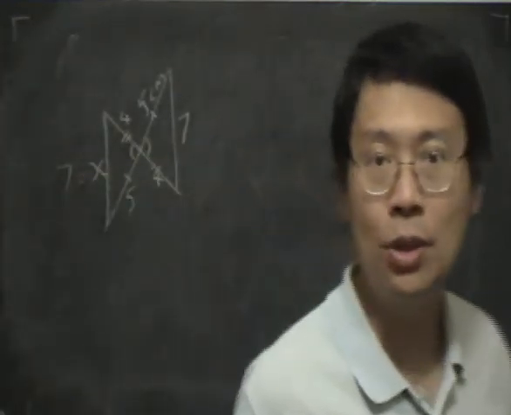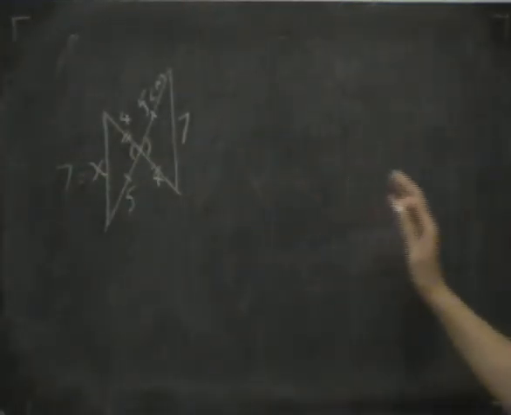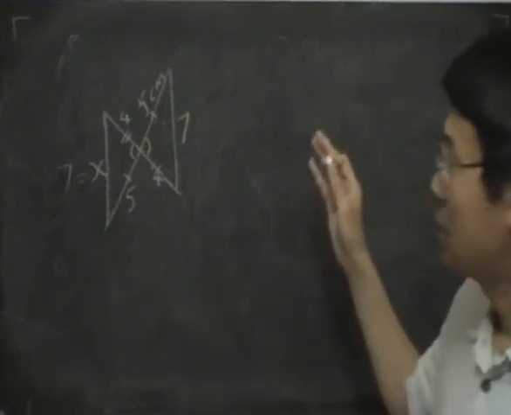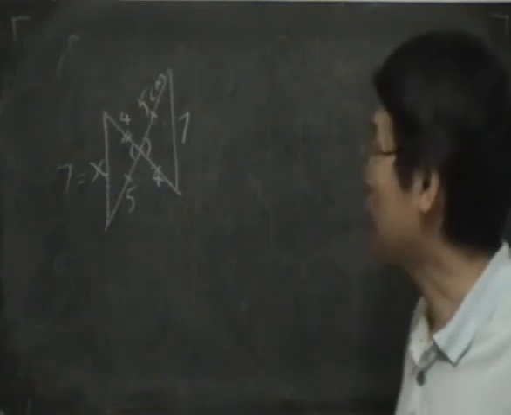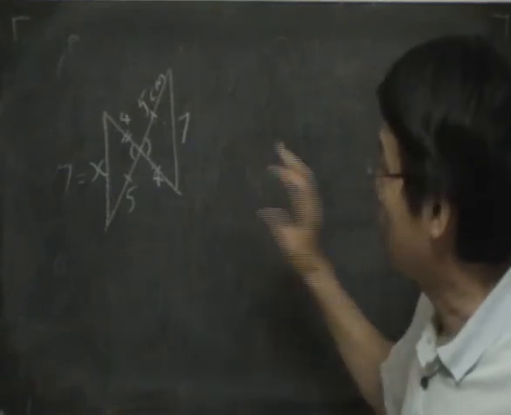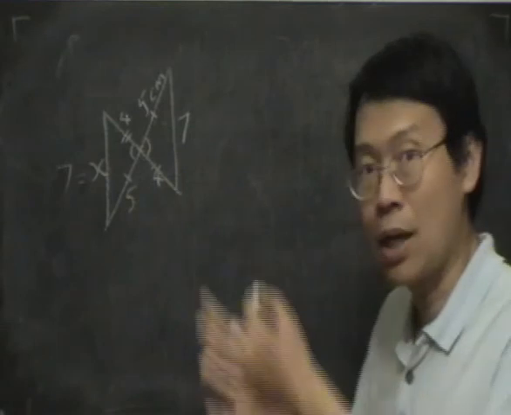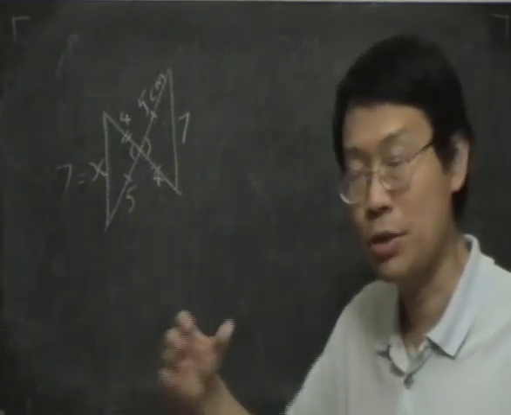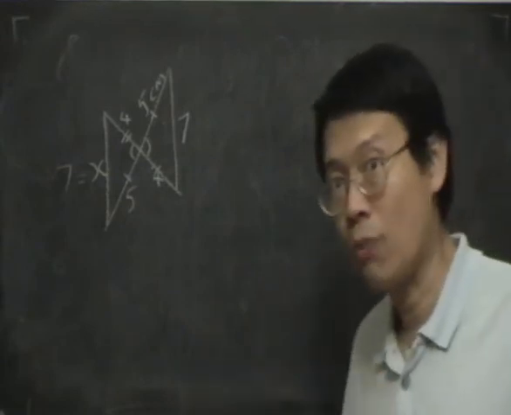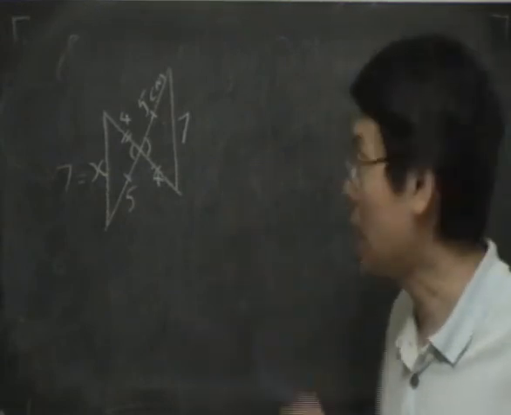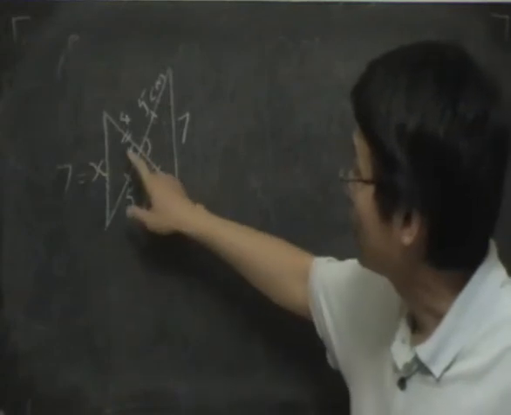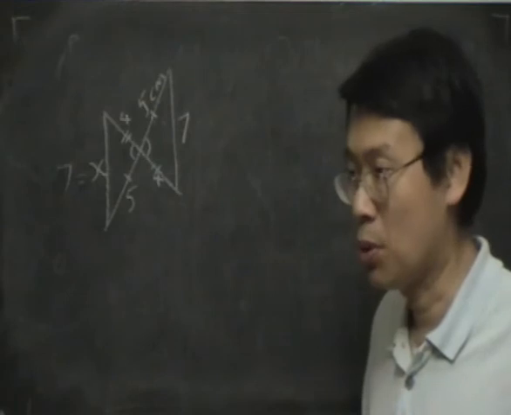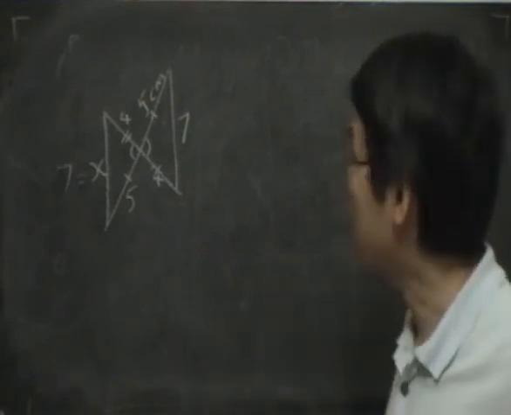So what you see here is just one example of how you can use the idea of congruent triangles to relate two triangles that are oriented in a different direction. It is not obvious whether they are exactly the same, and you are only given some information.